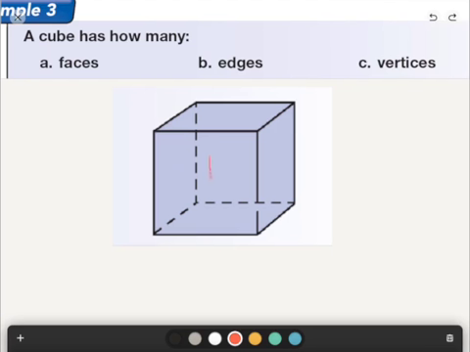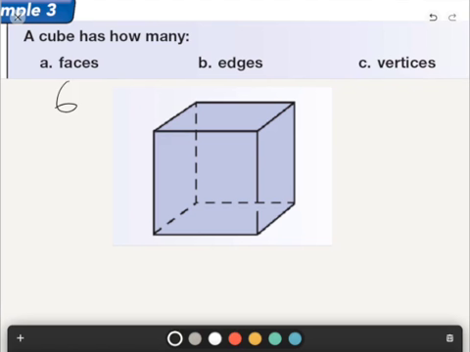Mm-hmm, yep. So you 1, 2, 3. I'm doing the back one here now. 4, 5, 6. All right, good. Okay, so yeah, faces would be 6.